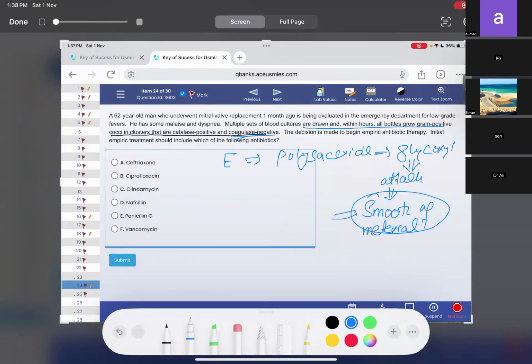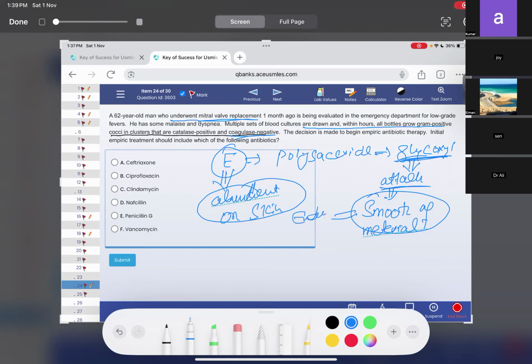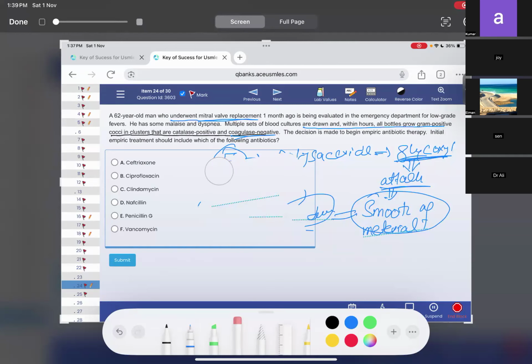So this patient has undergone a mitral valve replacement, and we know that Staph epidermidis is present in abundance on skin. Due to this polysaccharide glycocalyx, they attach to this type of mitral valve and can cause endocarditis.